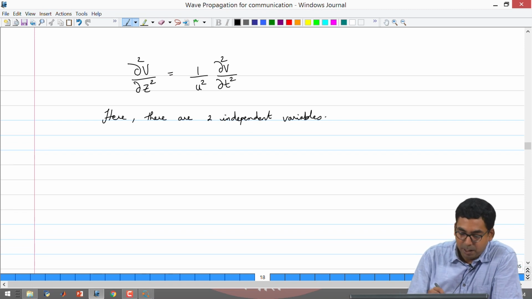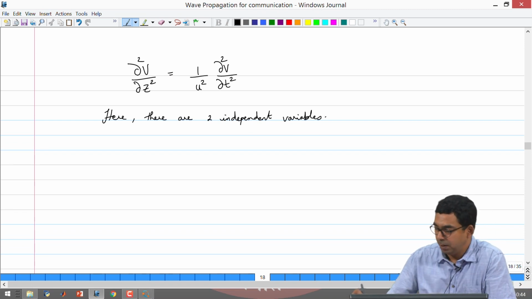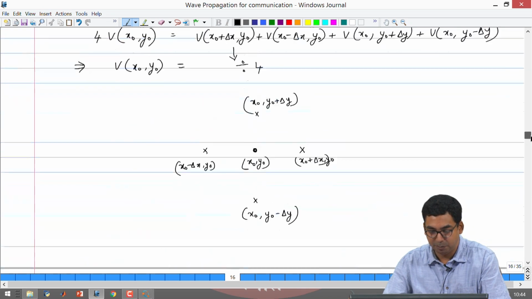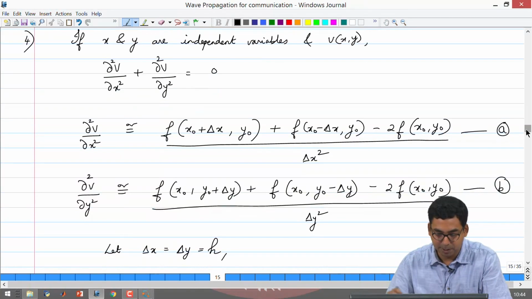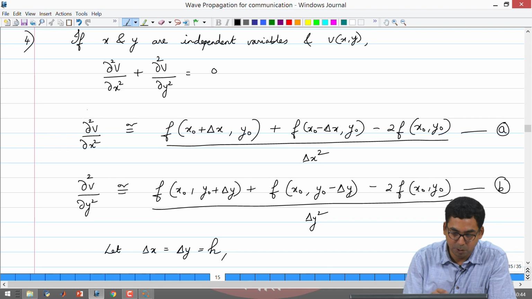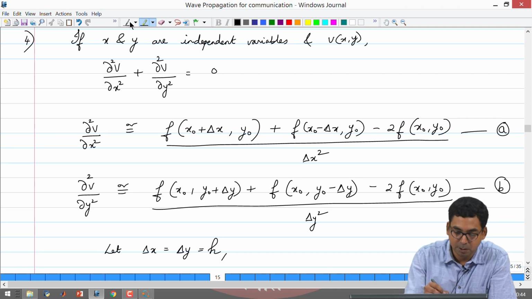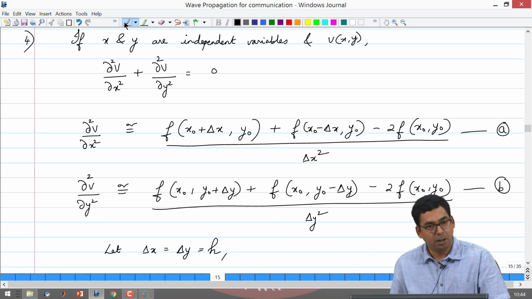Okay. I need to write down dou square V by dou Z square. So, I can go back and find out what the second order partial derivative of a function would be. I had dou square V by dou x square to be this particular expression. So, I am going to just use this expression on the left hand side.